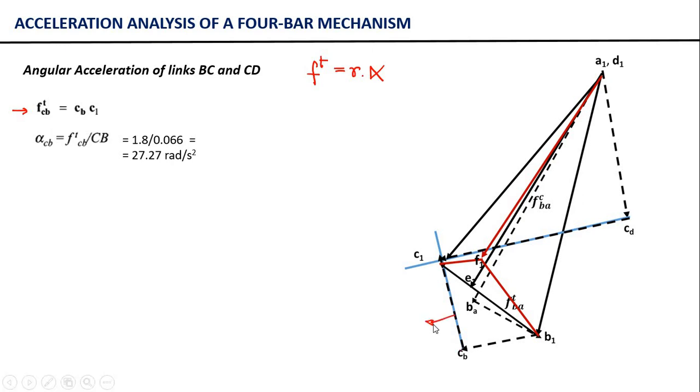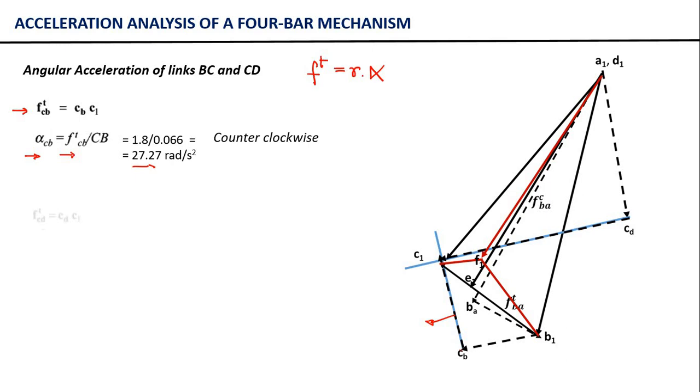So you can measure this component CB C1. So alpha CB, it will be simply F_CB^T divided by CB, right? So this is going to give us 1.8 divided by 0.066 equal to 27.7 radian per second square, right? Now the direction of this, obviously you can figure out by the direction of this vector, and now this is going to give you a counterclockwise direction, right?